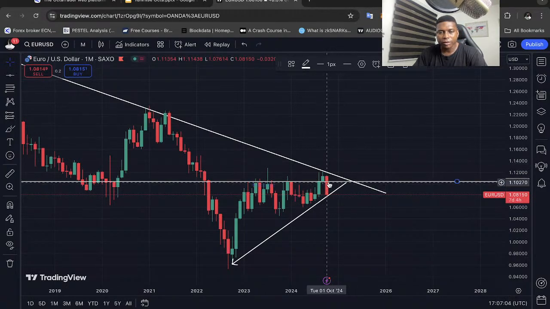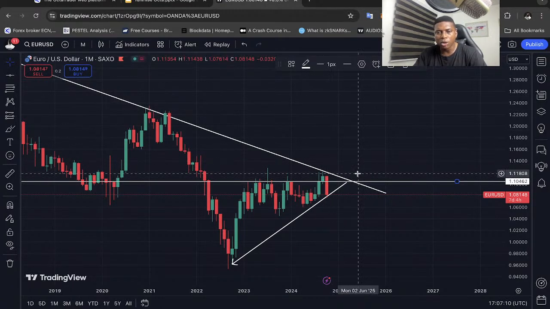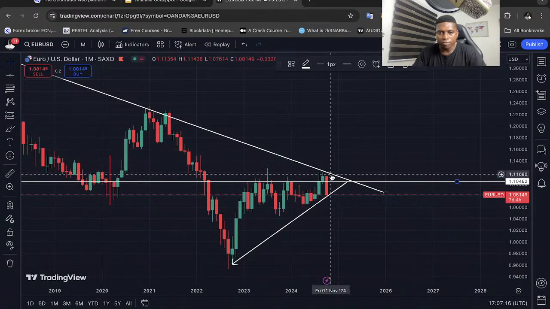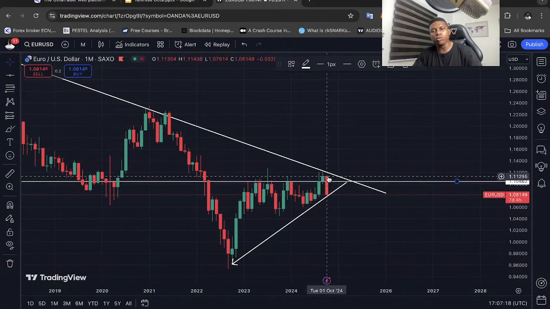However, the breakout is not sustained, as we can see that in the month of August, which is the current month, the price on EURUSD has dropped significantly.